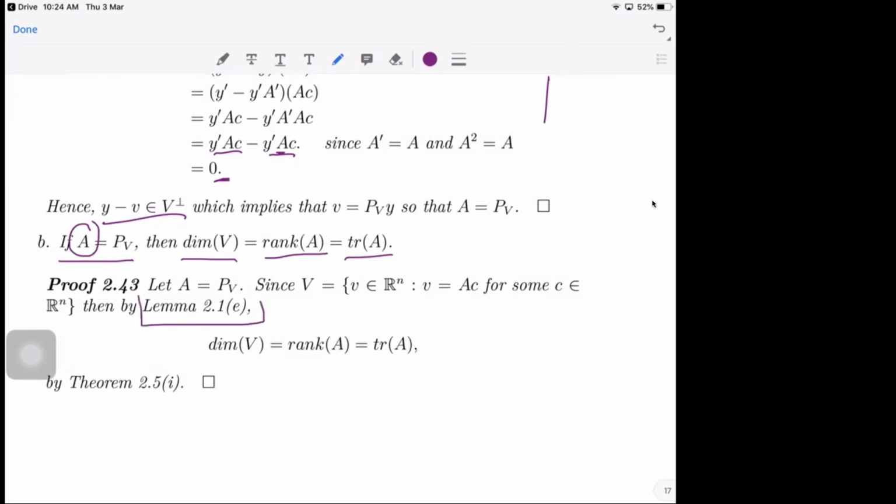So we use this result with lemma 2.1e and look at its assumptions.